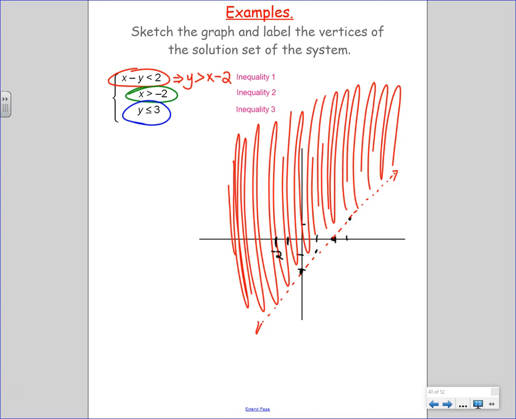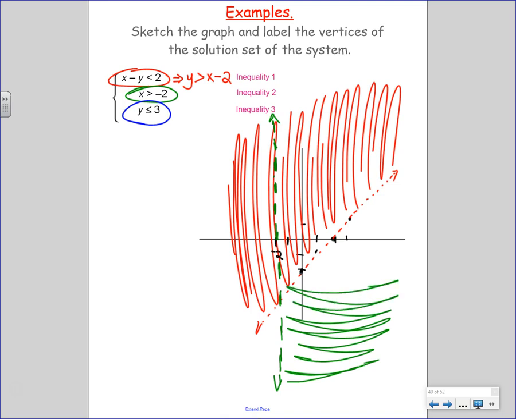Isn't that a vertical line? I know, that's why some of you might not like this one. Everybody watch out, because you have to remember vertical lines and horizontal lines too. Why is it dotted? Because it is not equal. Which way am I shading? If x's need to be higher than negative 2, negative 3, negative 4, negative 5? To the right.